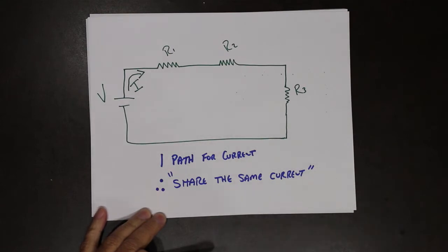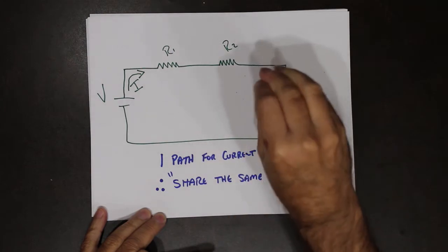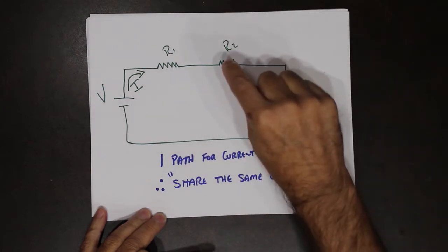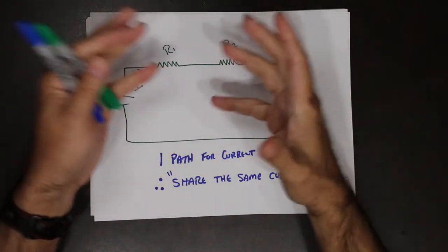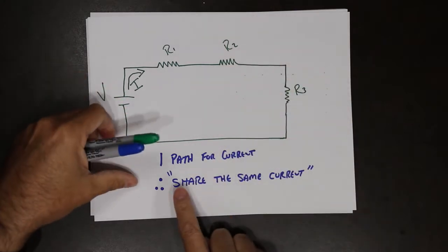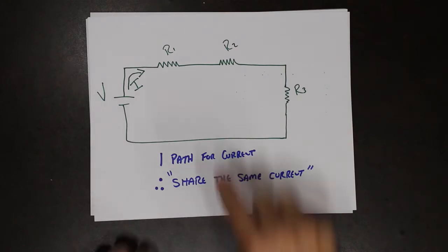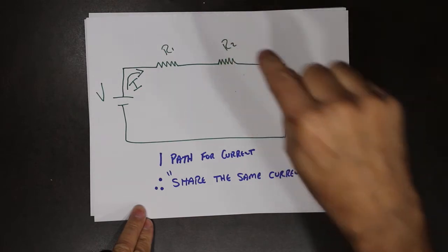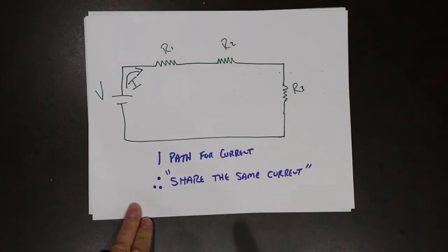So that means the current that's flowing through one is exactly the same current that's flowing through here and here. So it has the same value and it has the same electrons. That's the difference. So it must share the same current, not just be the same value of current. It has to share the same current. So this resistor, and this resistor are said to be in series.